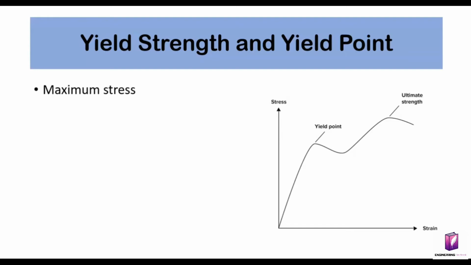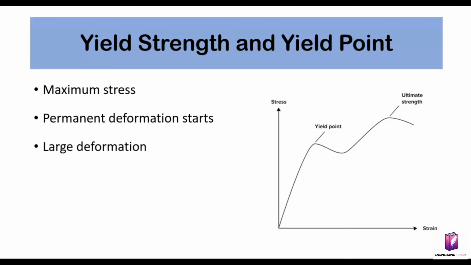It is maximum stress beyond which elongation becomes plastic. Beyond this point, permanent deformation starts. At this yield strength point, a very little application of load results in large deformation. Below the yield point, material can return back to its original length if load is removed.